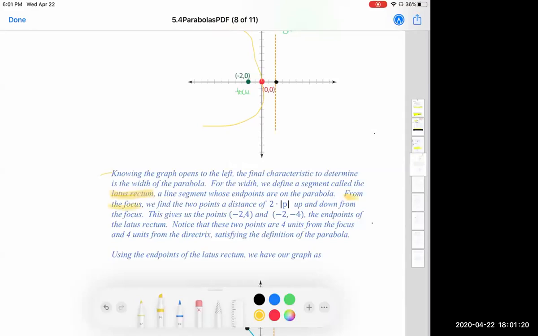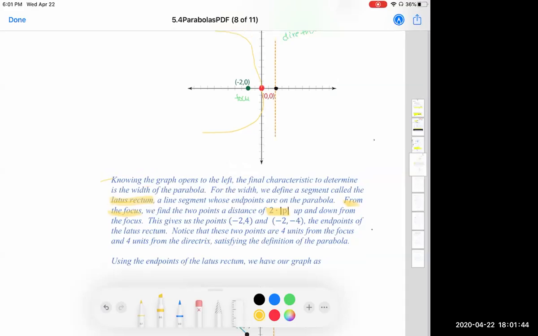We find the points a distance of 2 times p up and down from the focus. And it gives us the points (-2, 4) and (-2, -4), the endpoints of the latus rectum. Notice these points are 4 units from the focus and 4 units from the directrix, satisfying the definition of a parabola.